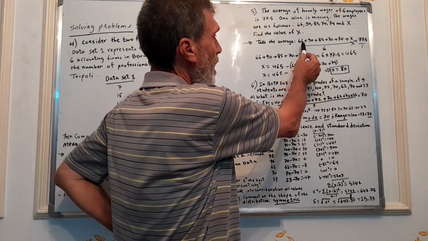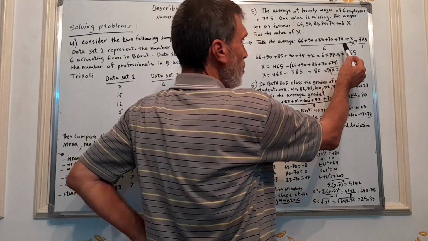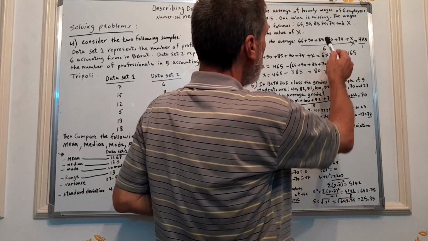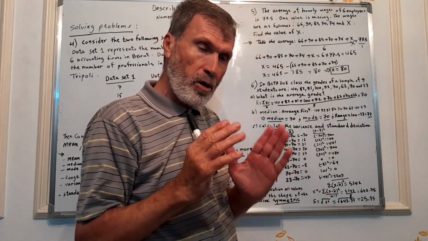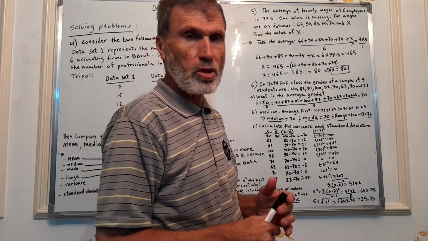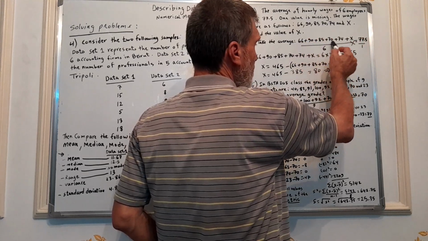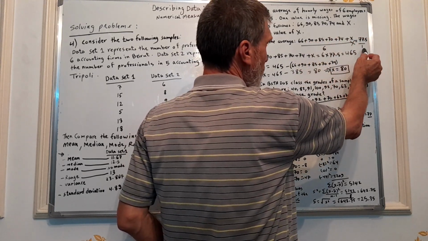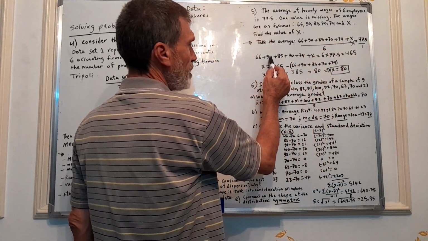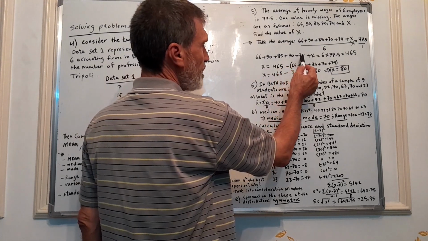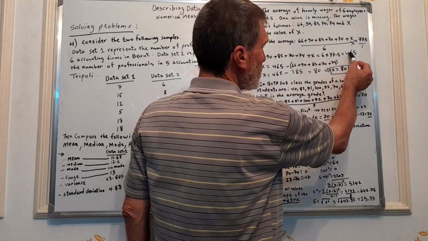Is that clear? My objective is to find the value of X. So I just cross multiply: 66 plus 90 plus 85 plus 70 plus 74 plus X equals 6 times 77.5.